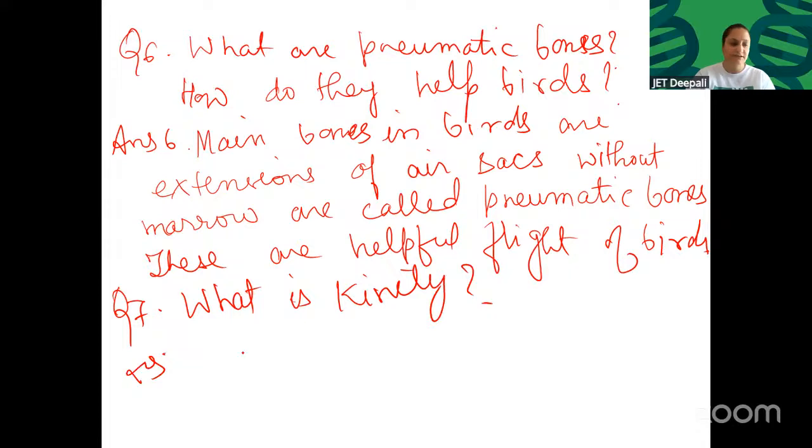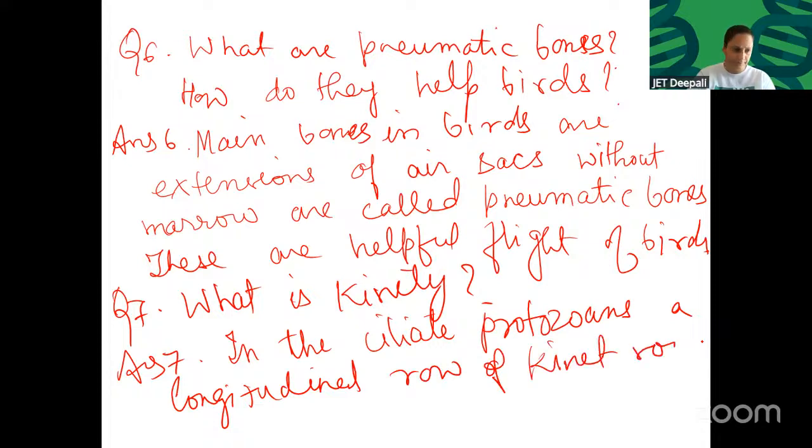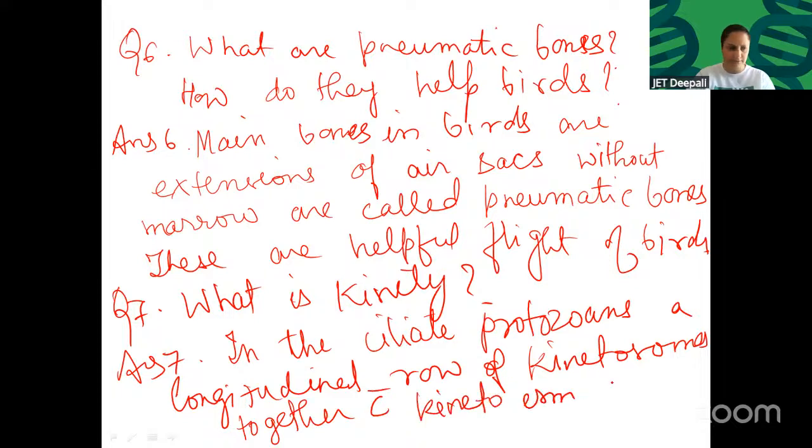Answer number 7. In the ciliate protozoans, a longitudinal row of kinetosomes together with kinetodesmata constitute a unit called kinetic.